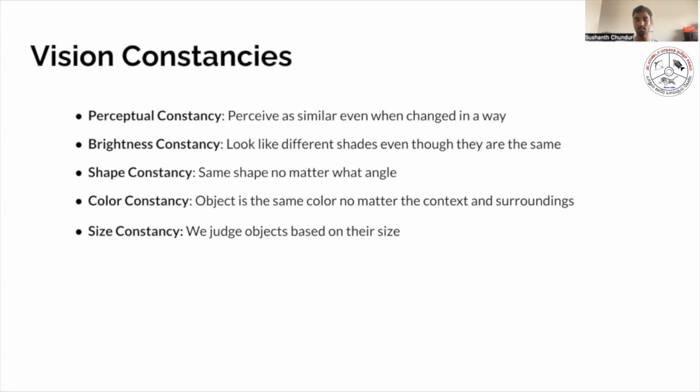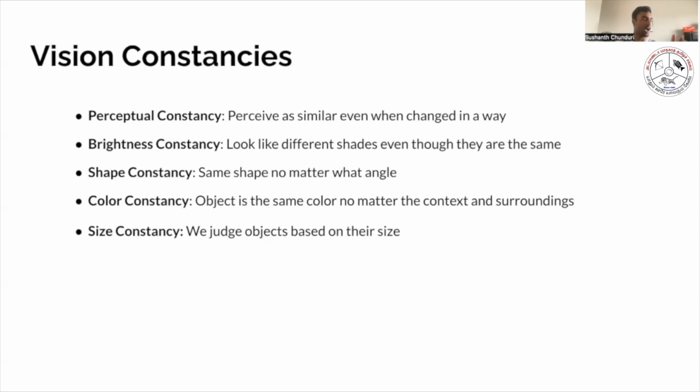Color constancy is the fact that objects are the same color no matter what the context and surroundings happen to be. And size constancy is when we judge objects based on their size. So if I have a mouse that's really far away from me and I see it really big, I'm going to think it's closer than it actually is, because my definition of a mouse is that it's small.